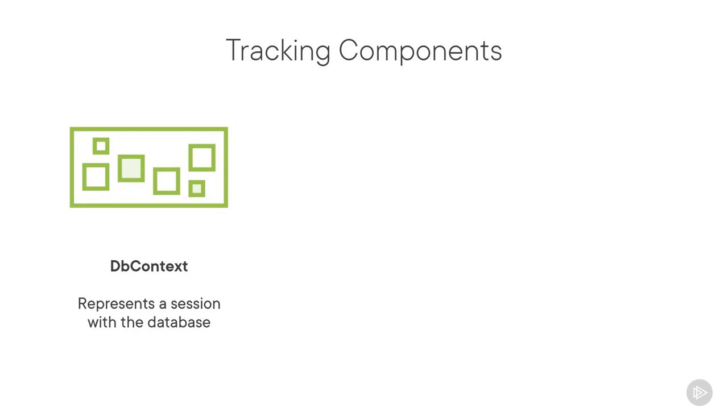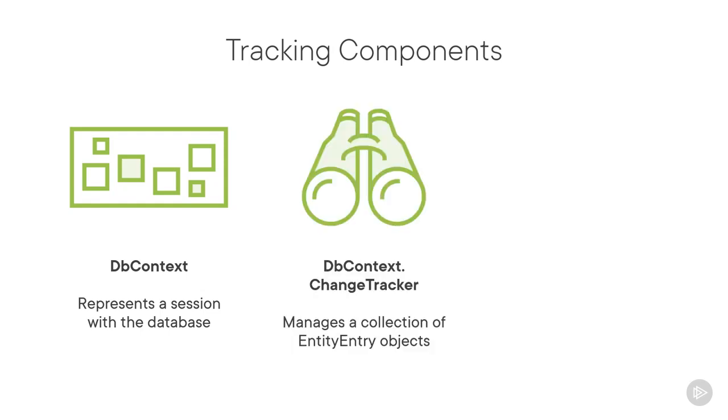The documentation's definition of the DB context is that it is a representation of a session with a database. And that session begins not when the context is instantiated, but the first time you ask the context to do something with the database, execute a query or save some data. But the DB context does more than just interact with the database, and its change tracker is a critical piece of that.